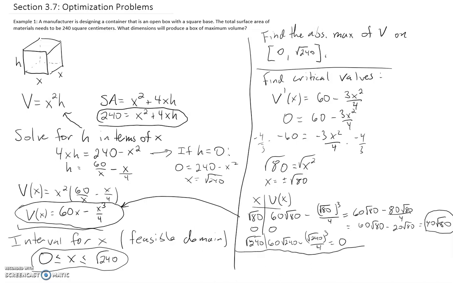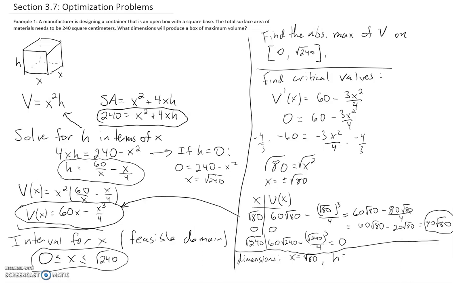So what our answer now says is what dimensions will produce a box of maximum volume. Well, my dimensions in this case, x is going to be equal to the square root of 80. And the other dimension, the height, we could calculate by going back to this formula over here.